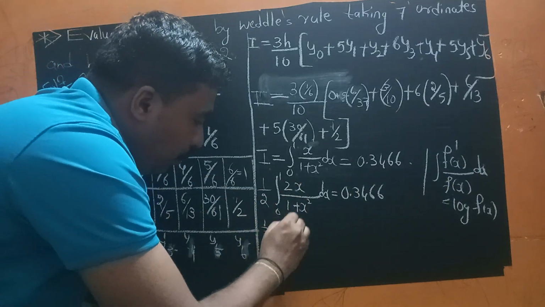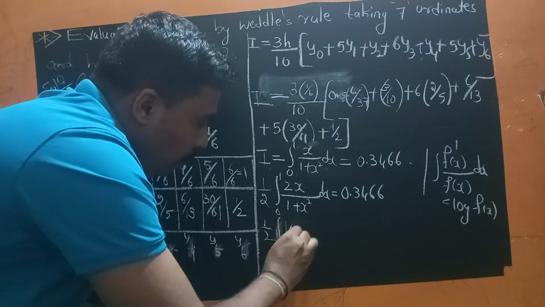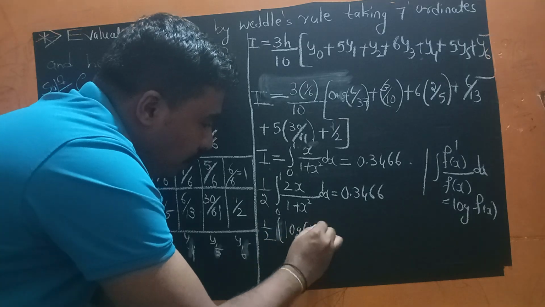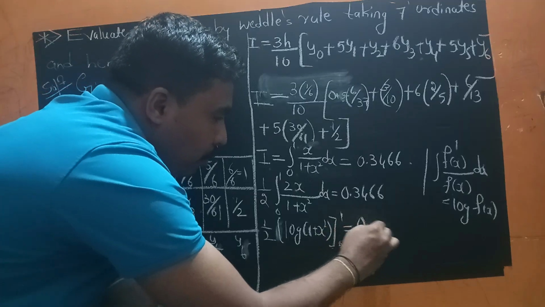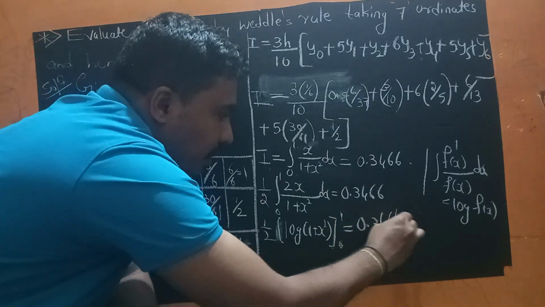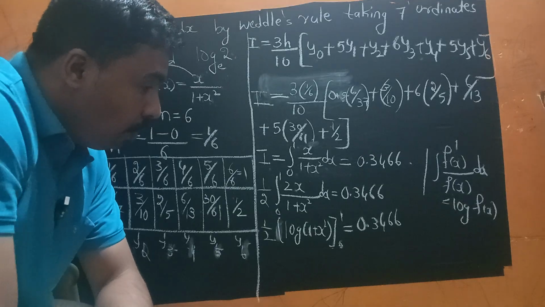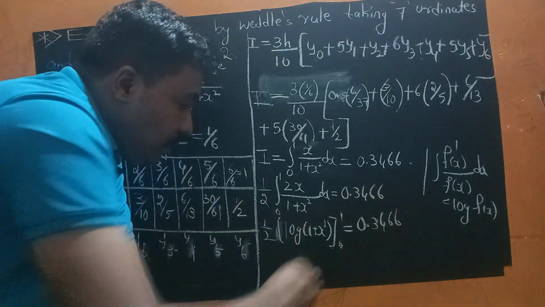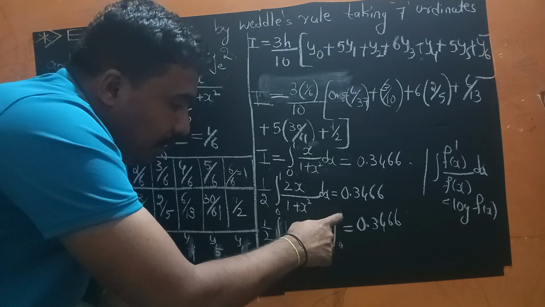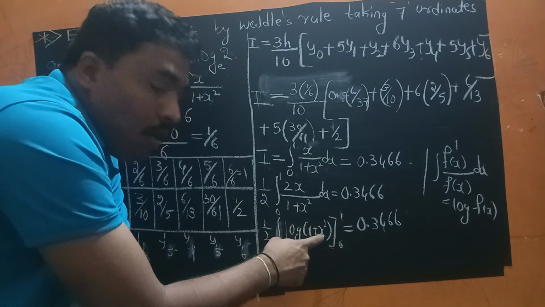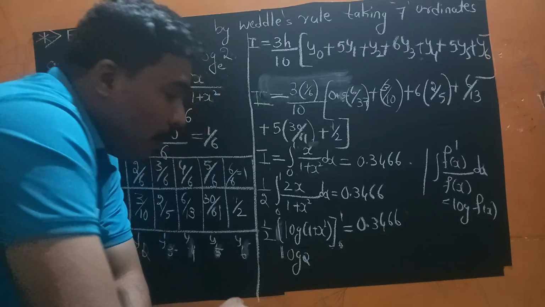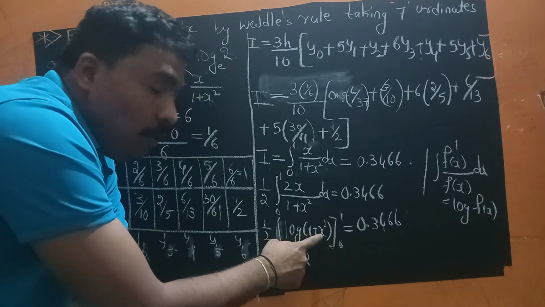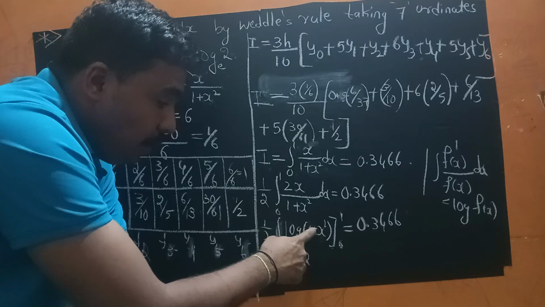So 1 by 2 log of 1 plus x square between the limits 0 to 1, the answer is 0.3466. So if I apply the limit 1 here, 1 plus 1 is 2, log 2. And if I apply 0, 1 plus 0 is 1, and log 1 is 0.